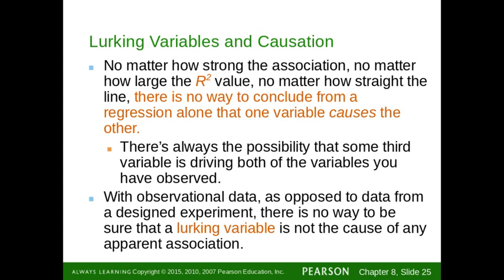Well, that doesn't mean that if I go out in the real world that'll be the case every time. So that's what they're saying. We're just guessing, basically. With observational data, as opposed to data from a designed experiment, there's no way to be sure that some lurking variable is not the cause of any apparent association. Okay.